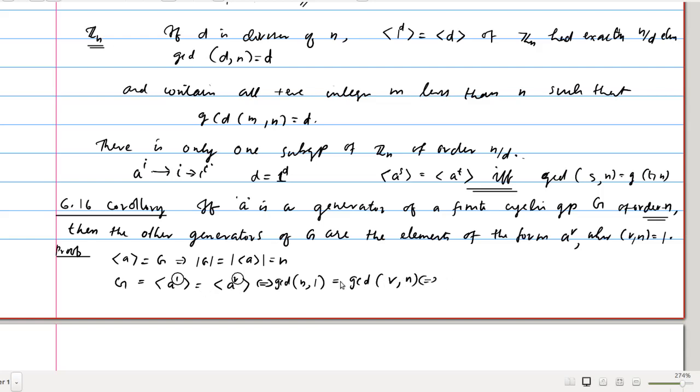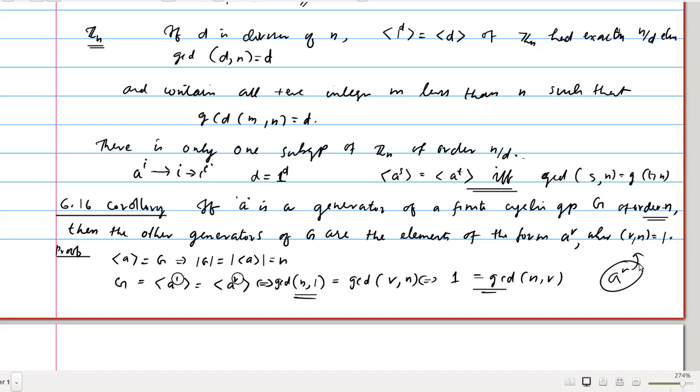So this is if and only if GCD of N comma 1 is 1, which equals GCD of N comma R. This shows that A raised to R is a generator if and only if GCD of N comma R is equal to 1. So this proves that the generators of G take the form A raised to R, where R satisfies this condition.